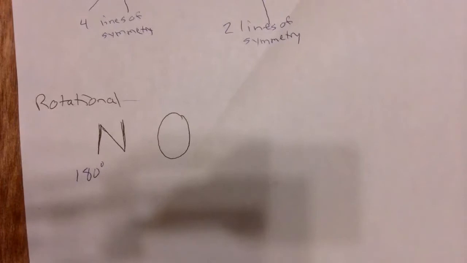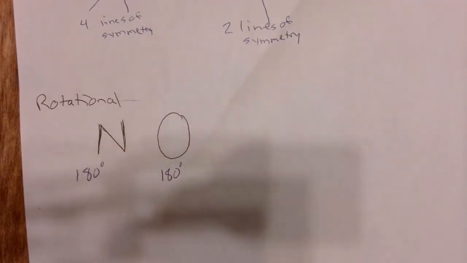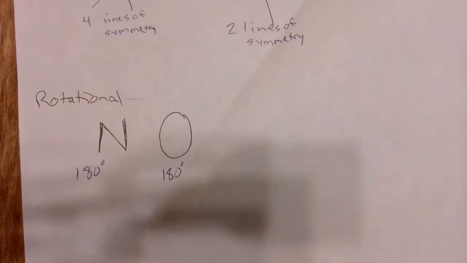Right there. There's the O. 180-degree rotation again. Turned it halfway around the circle. So here, again, 180-degree rotation. Most of the letters we have don't have a lot of rotational symmetry, but shapes do.